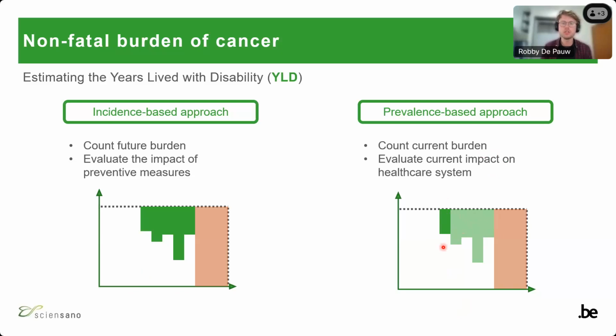So we only look at 1 year. And then you have the advantage that you can evaluate, of course, the current impact that diseases can have on the healthcare system. So this is quickly to explain why we also think it's important to, when this is, of course, a possibility, to present both estimates.